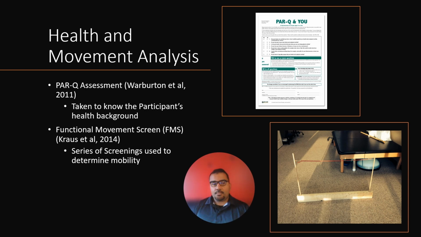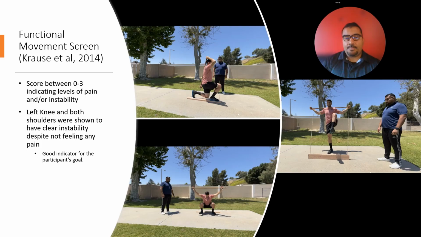And then we'll be able to move on to the functional movement screen, FMS for short, which allows us to test what kind of mobility, flexibility, and balance my participant has through a series of tests. The score always ranges between 0 to 3, which would indicate the levels of pain or instability that my participant might be going through.